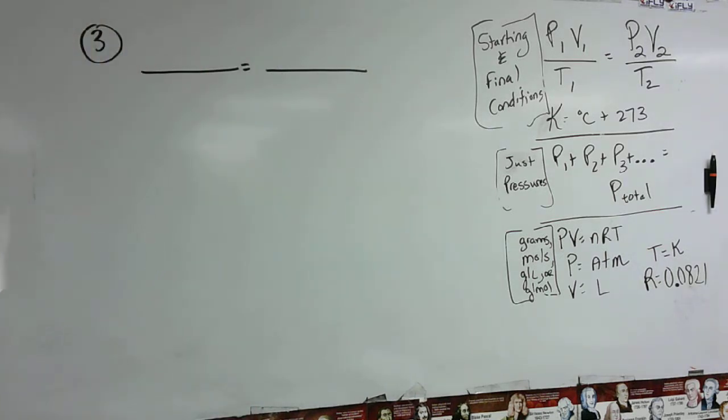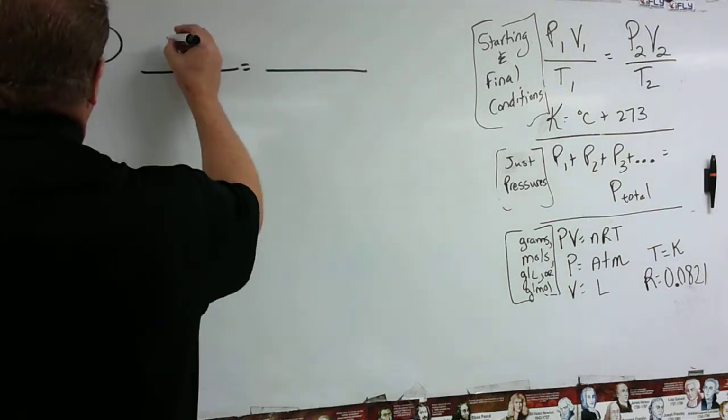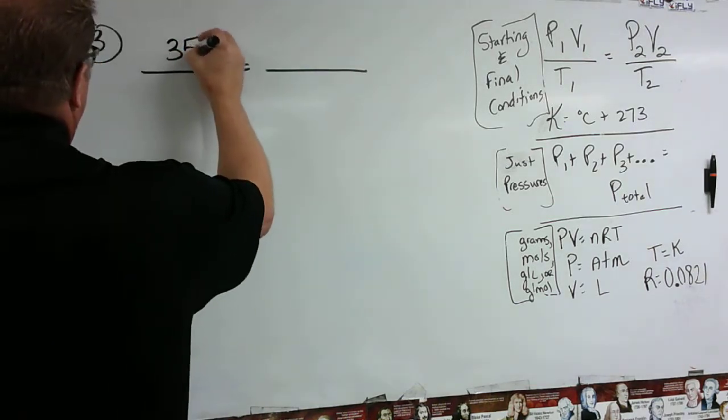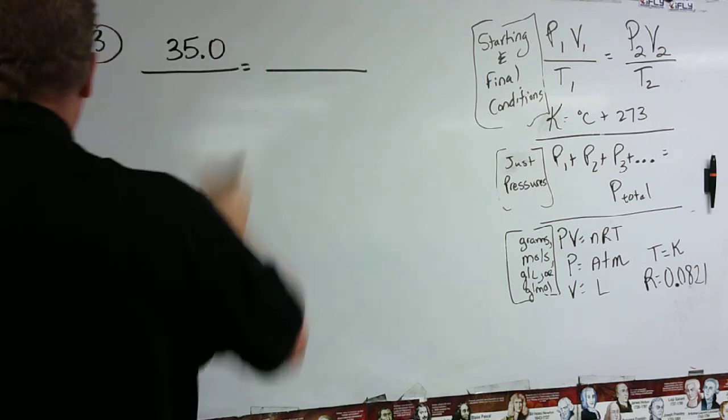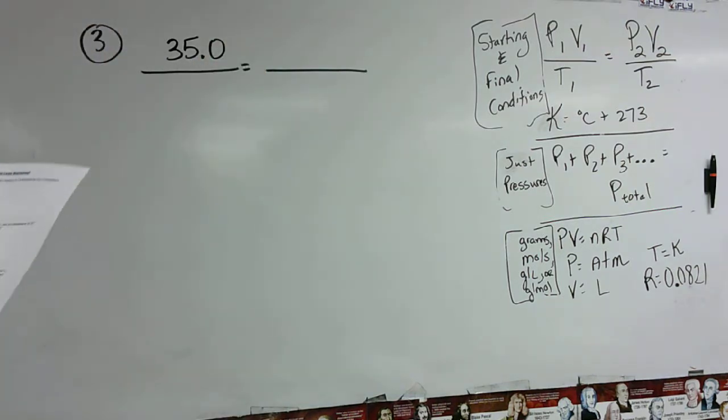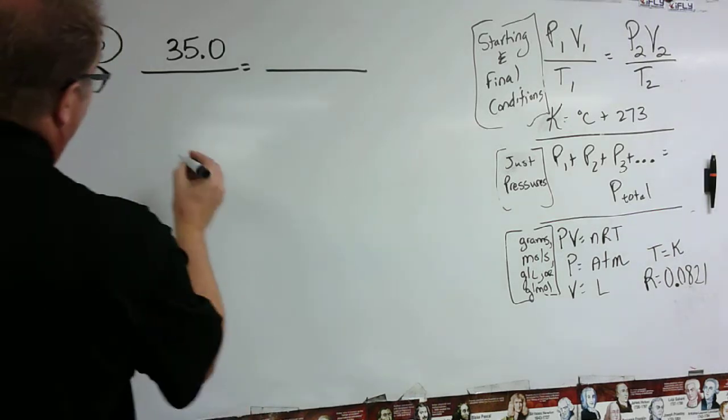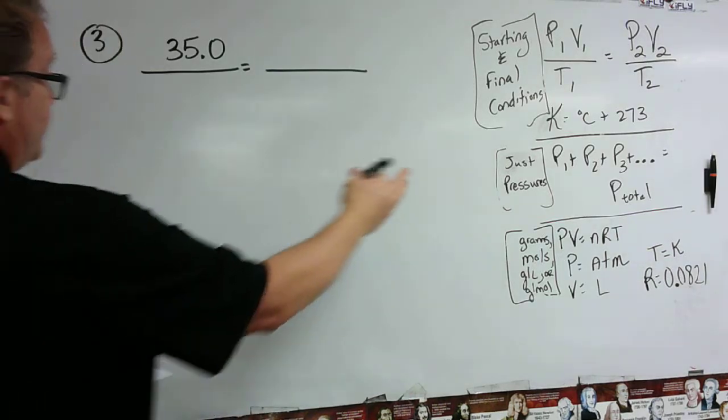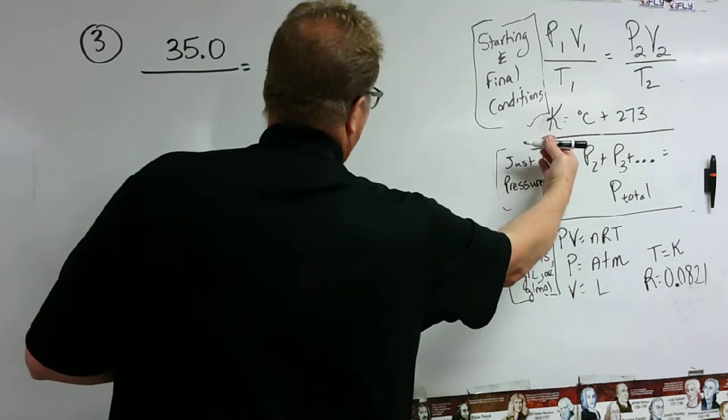So I'm going to just start with this. Usually these things are set up as far as the sentence. Sometimes you have to look a little closer, but if you take a look at the first sentence, my volume and temperature are actually grouped together, so they're going to go on the same side. So I'm going to put my first volume here, and then the temperature is 20 degrees Celsius. Celsius doesn't work because it needs to be in Kelvin.